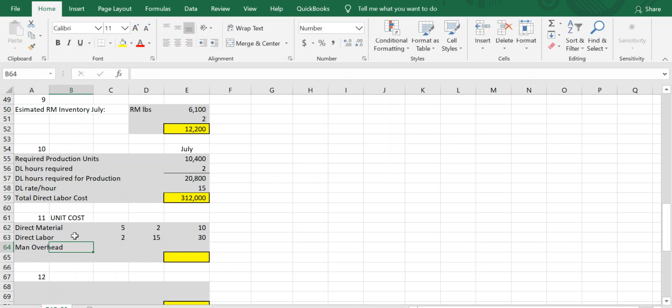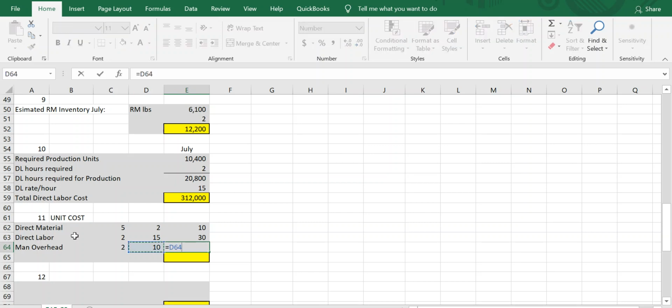In this case, we're going to base it on the hours of direct labor, which is 2 hours per unit. But in this case, what it says is the overhead rate is $10 per labor hour, so we're going to multiply that times 10. The direct labor wage rate is 15 for each hour, but in the overhead, we're applying it based on labor hours, and it's going to be an overhead rate of $10 a labor hour.